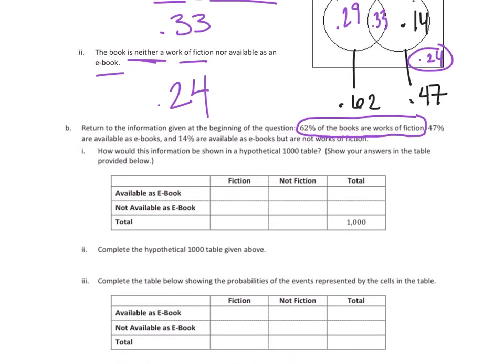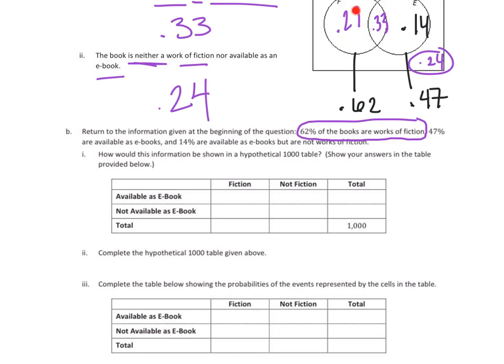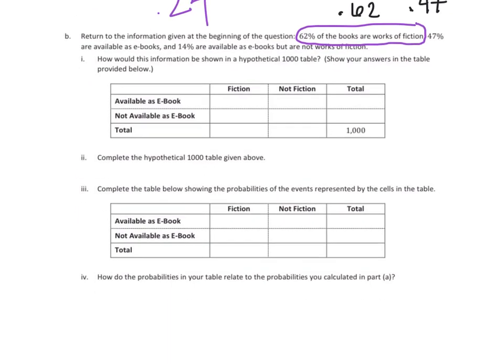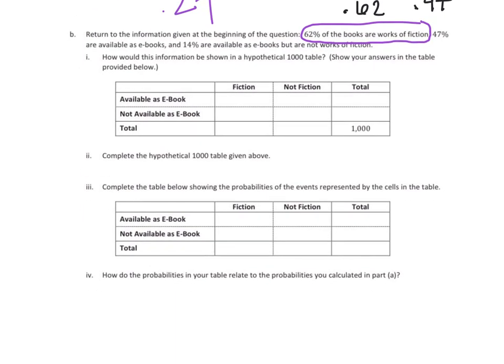If I look back, I said that whole circle has to total 62%. So I know my total fiction amount has to be 62% of what? Well, they said, let's pretend it's 1,000. So I'm just going to do 0.62 times 1,000. And of course, I hope you can do that in your head. That's just 620.